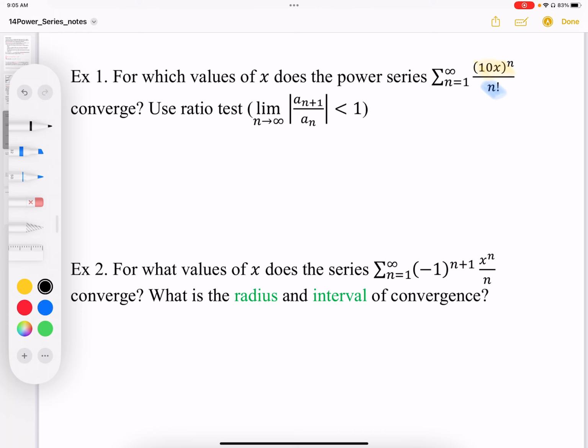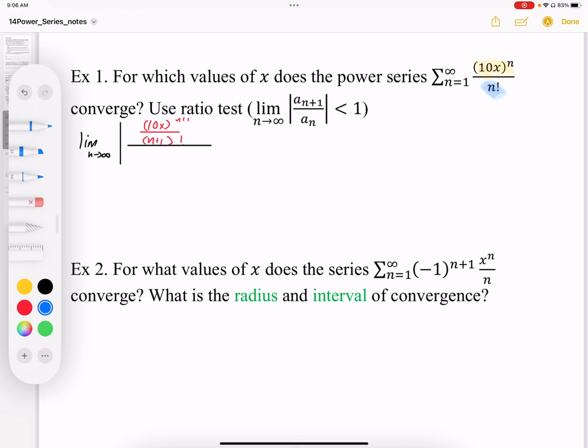convergence for this. So to test the interval, we want to use the ratio test. Our ratio test is going to look like this. The limit as n approaches infinity, we have our a_n term. So that's going to be a_(n+1), so 10x to the power n plus 1 over n plus 1 factorial.